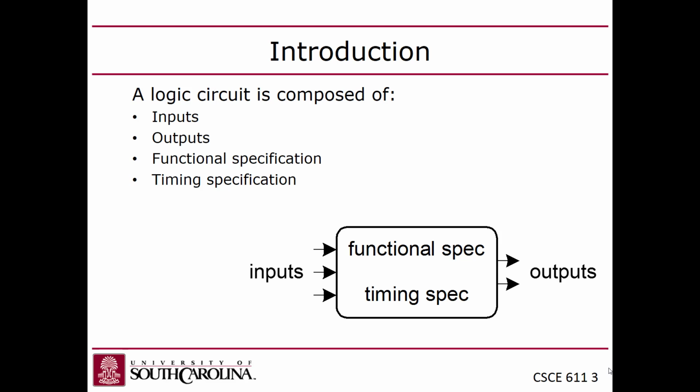So a logic circuit is comprised of inputs and outputs, something inside there which includes a functional specification, what it's supposed to do. I mentioned earlier, this could be like a truth table or a Boolean expression, and the timing spec, which is how long it takes for the outputs to change in response to the inputs changing.